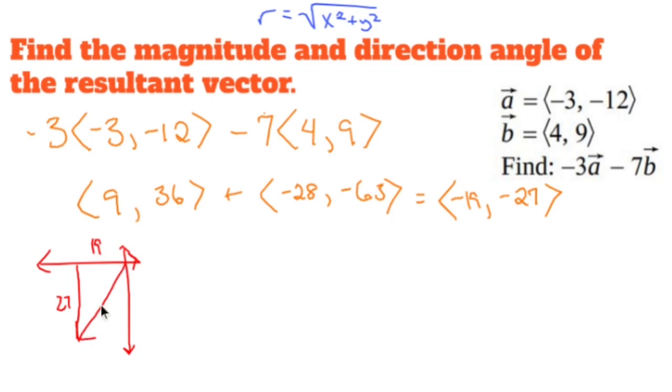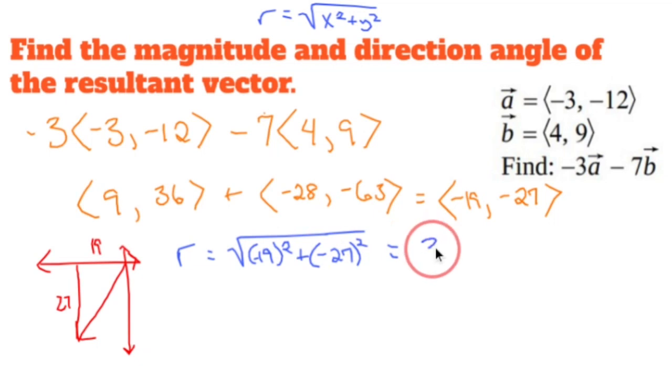So in order to find the magnitude, r is going to equal the square root of -19 squared, just to prove the point that this becomes positive, we're going to be consistent, and -27 squared. I'm going to do this mentally and not use a calculator and find out that this becomes 33.015. Big brain.